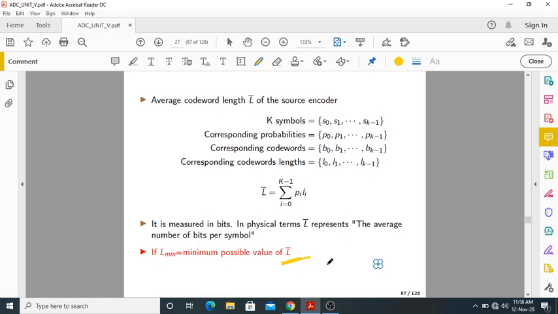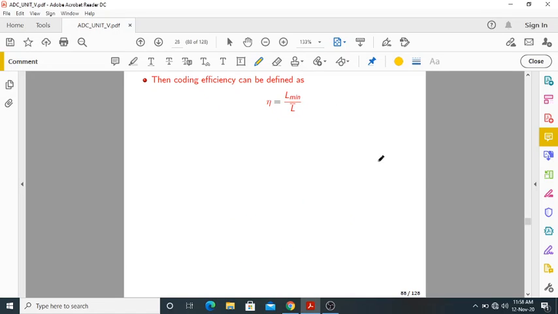Please make a note of this simple notation. L minimum is the minimum possible value of L bar. Now please make a note: the coding efficiency is given as eta, equal to L minimum by L bar. What is L minimum? The minimum possible value of L bar.